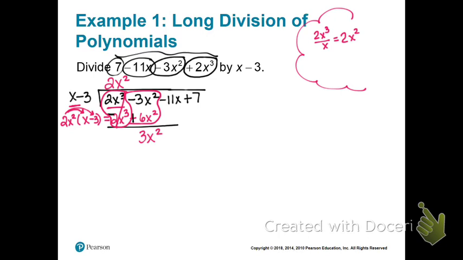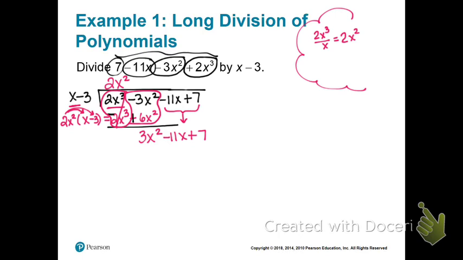Alright, so we divided our first terms, then we multiplied that times everything on the outside, then we subtracted and changed, which meant change our signs. What comes next? Bring down the rest. So minus 11x plus 7. What's our next step?